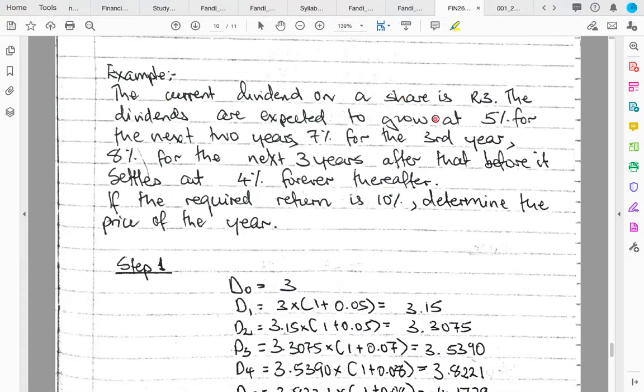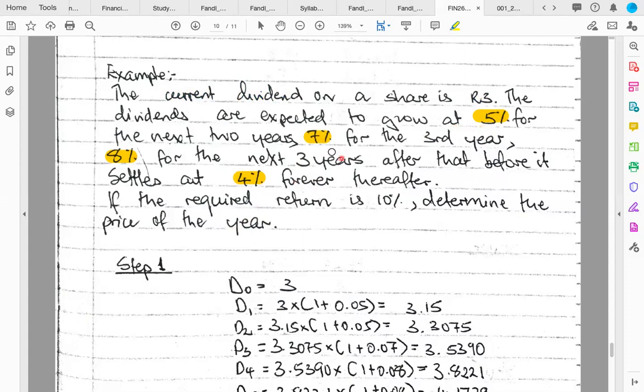The current dividend on a share is 3 Rand. So current dividend. The moment you see current dividend, you know you've got your D0. That's important. Okay. So the current dividend on a share is 3 Rand. Dividends are expected to grow at a rate of 5% for the next 2 years, 7% for the third year, 8% for the next 3 years, before it settles at 4% forever thereafter.